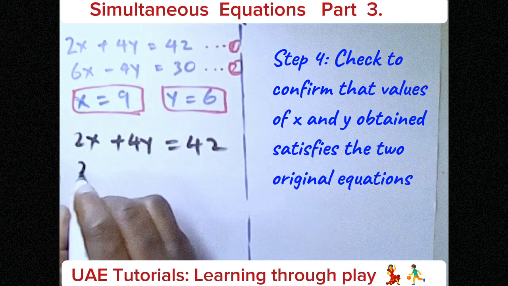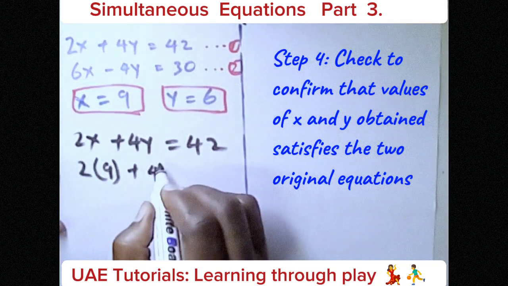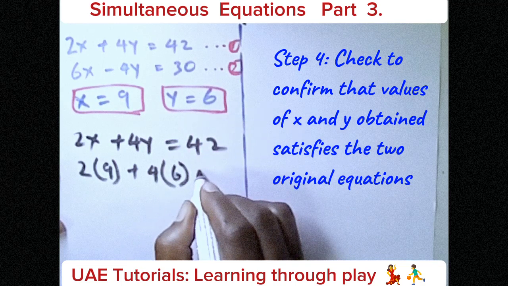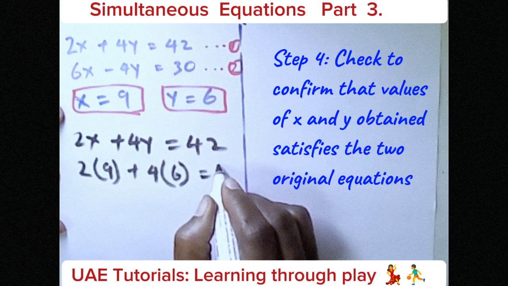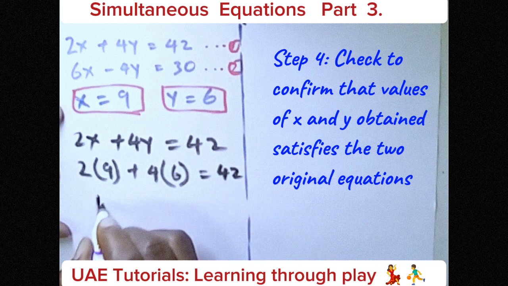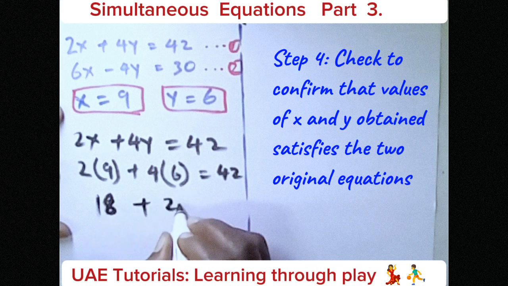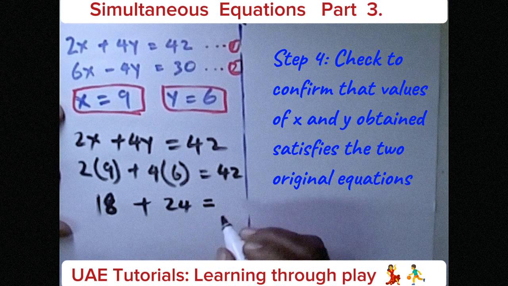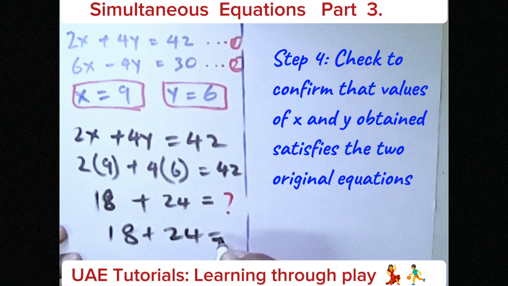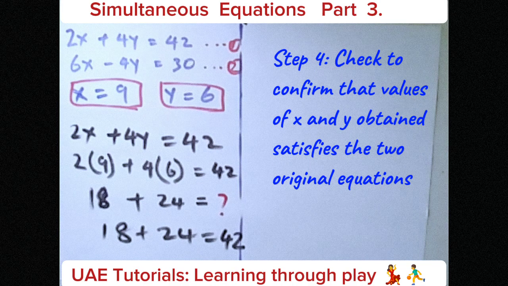Whenever we see x, we put 9, and whenever we see y, we put 6. Does that give us 42? So this is 18 plus 24. What does that give to us? 18 plus 24 equals 42. You can check and confirm.